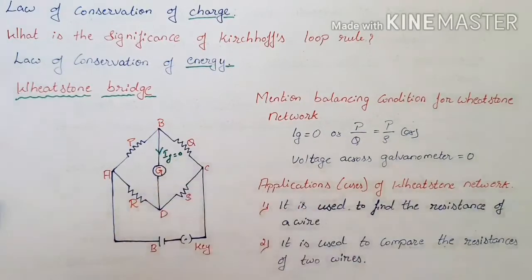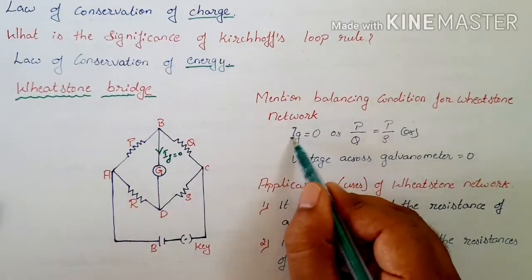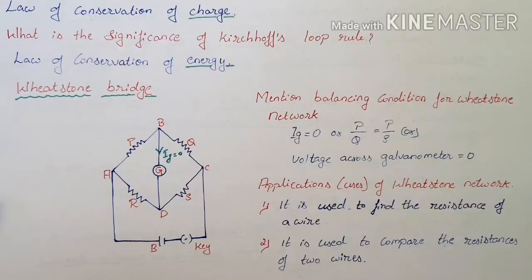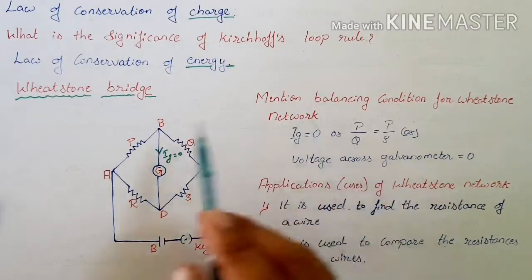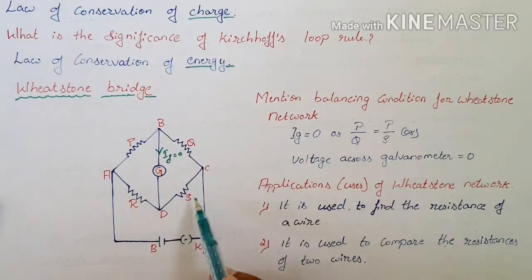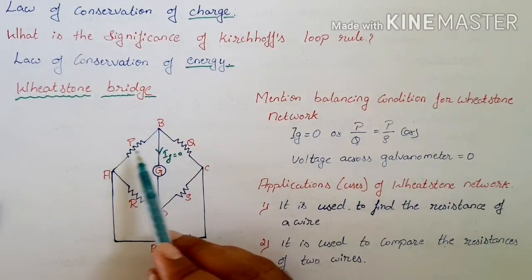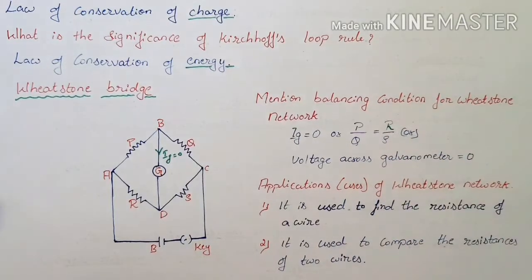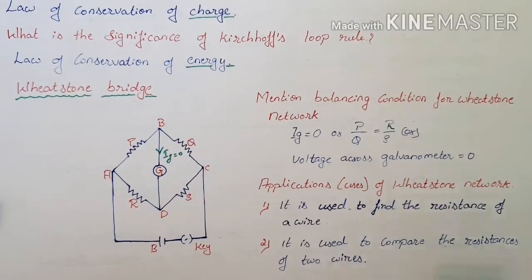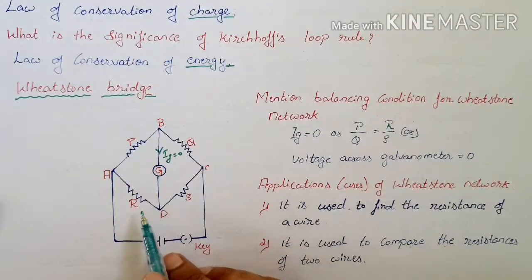We call it Ig is zero. Under this condition the network is said to be balanced. That means the resistances satisfy P by Q is equal to R by S.